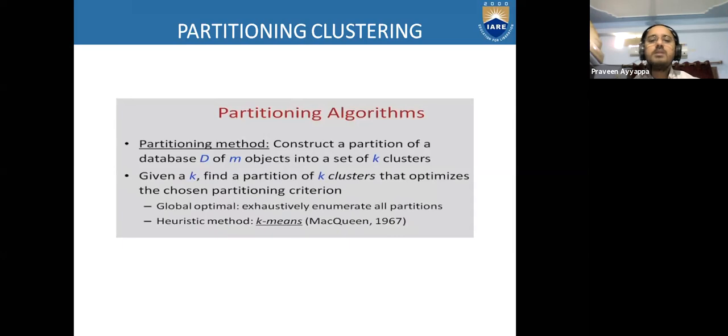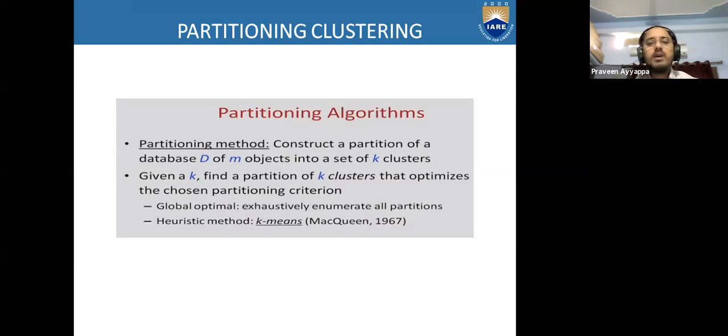So once the database is created, the database is going to consist of M objects. We don't know how many objects the database is consisting of, that's why we are calling it M objects. And we want to divide those M objects to form the different sort of clusters, which are nothing but the K clusters. So the data available in this database is being divided into K clusters. So these M objects are going to be arranged in the form of K clusters.